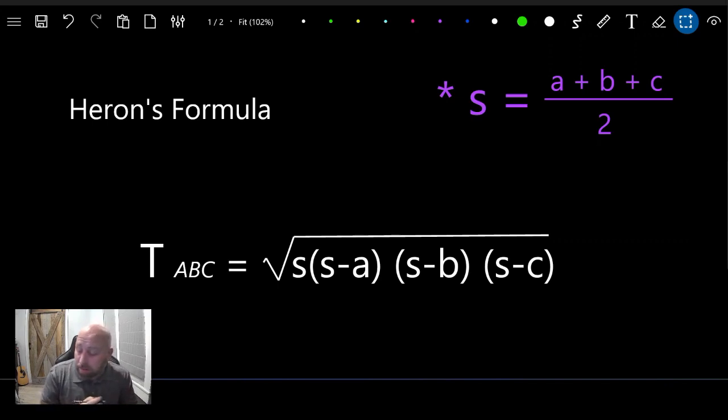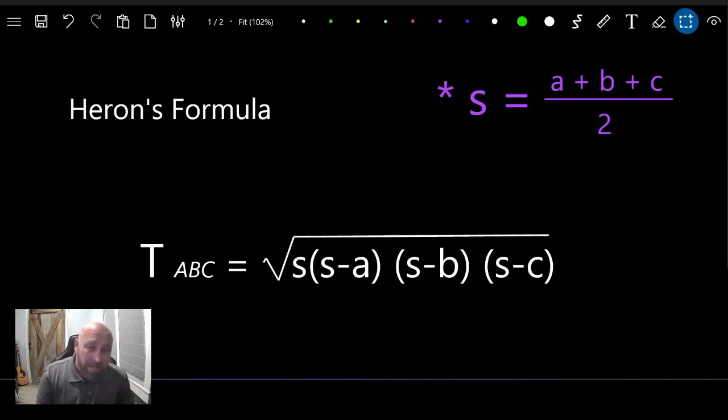Well, there was a man there named Herron of Alexandria, and he was a mathematician, and Herron developed this formula that we're looking at here. So pretty neat. This was during the time of Jesus, basically, during the 1st century. So kind of in that time frame, when Jesus was here walking on the earth, this guy, Herron, was developing this formula.